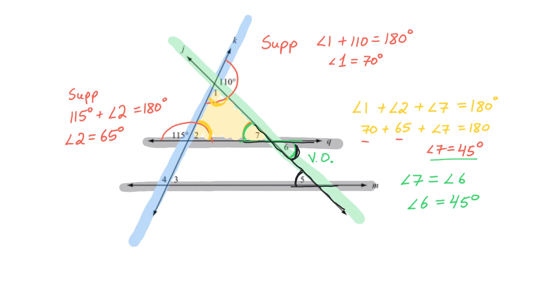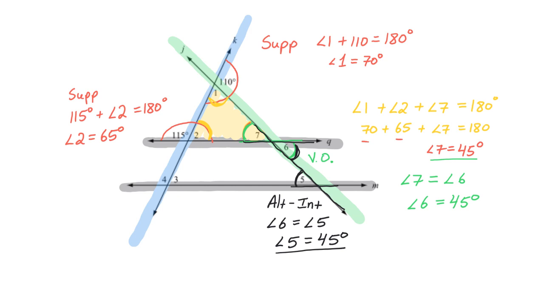Well, they are both on the inside, so these are alternate interior angles because they're on opposite sides of that transversal. Alternate interior angles are equal, so that means angle 5 and angle 6 are the same. So that means angle 5 is also 45 degrees.